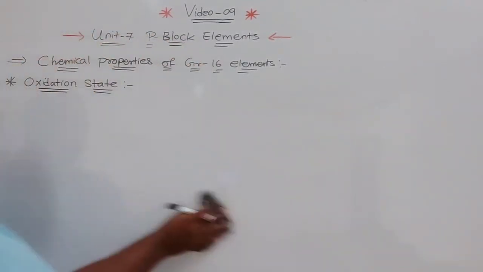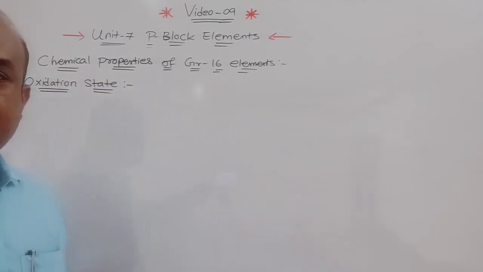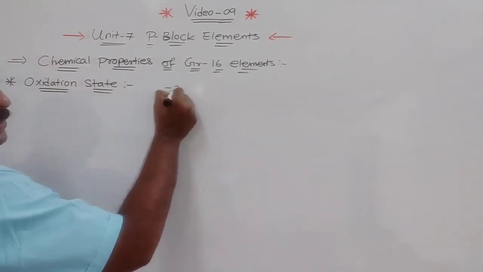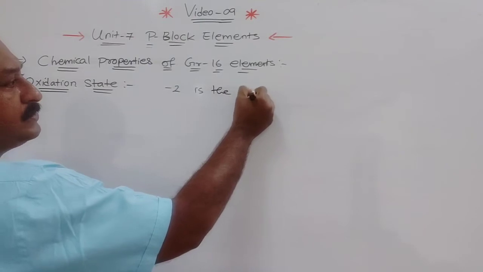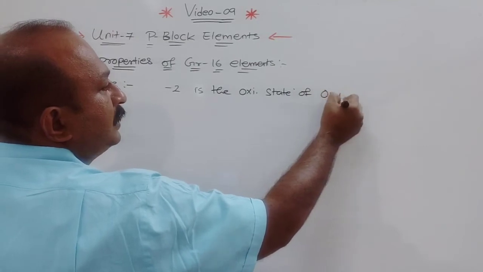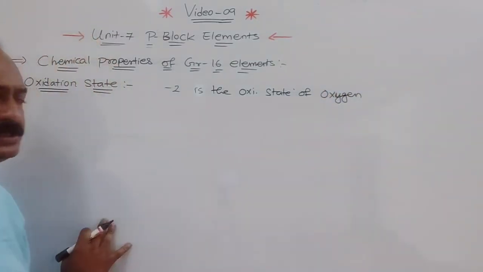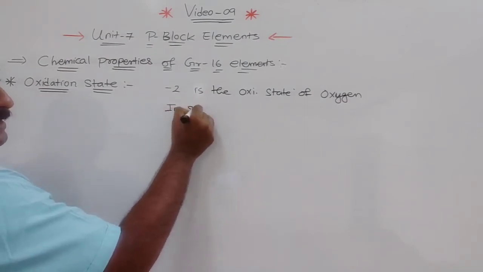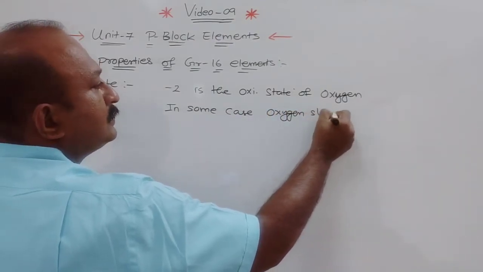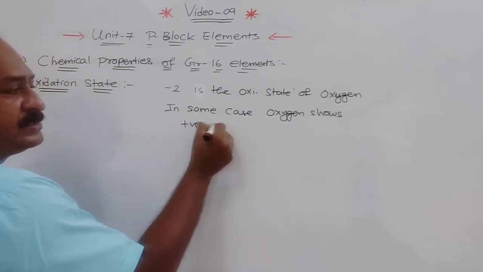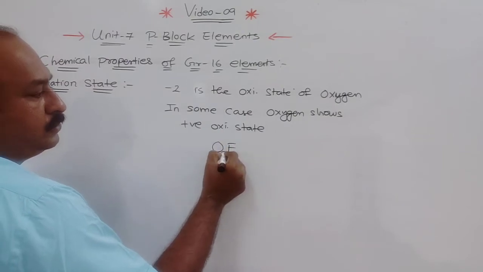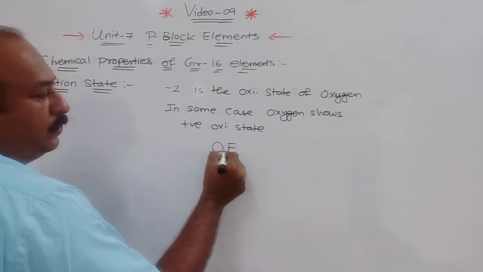The next part we are going to discuss is the oxidation state. Oxidation state -2 is generally the stable oxidation state of oxygen, but in some cases oxygen shows a positive oxidation state, as in OF2.